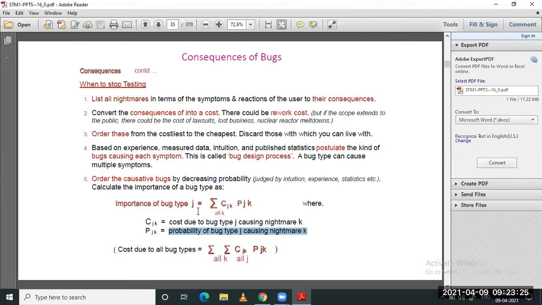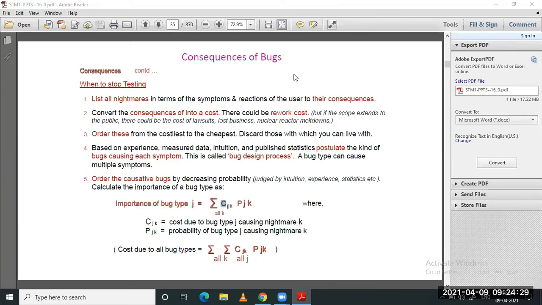So the importance of bug type j equals sigma for all k of Cjk Pjk.